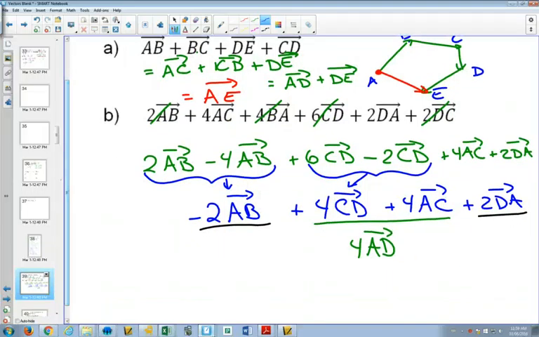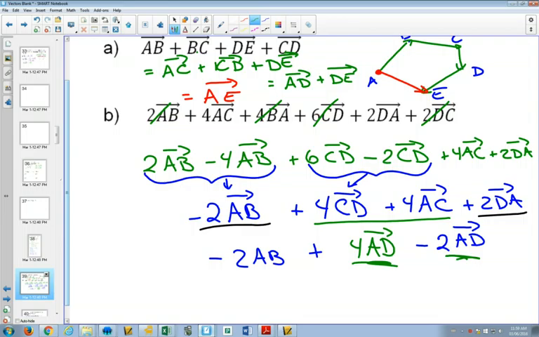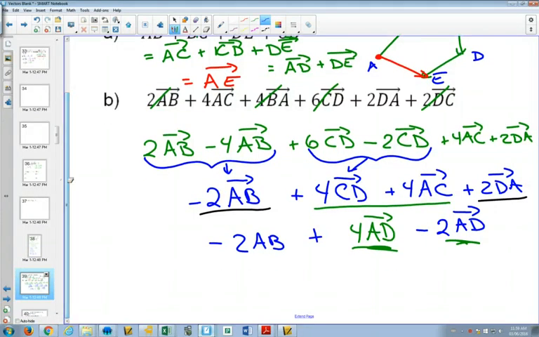So I'll put those, so I've got minus 2ab still here, plus 4ad's, and now I'm going to change this one to minus 2ad's, because then these two are similar. And if I put those together, I have minus 2ab's plus 2ad's.